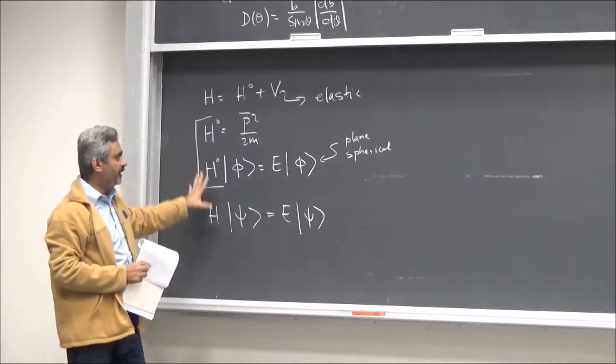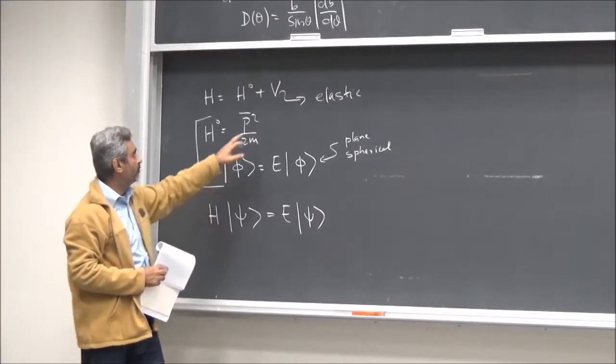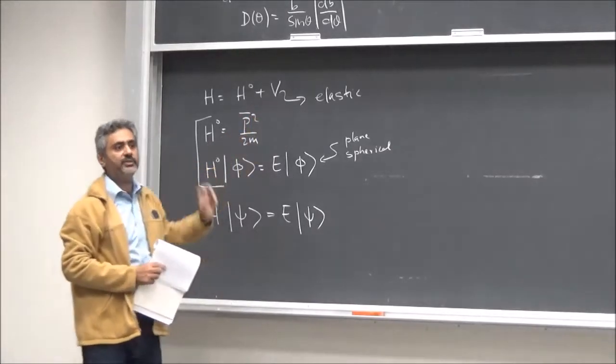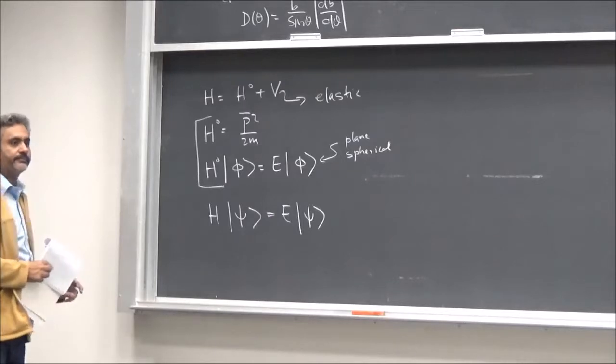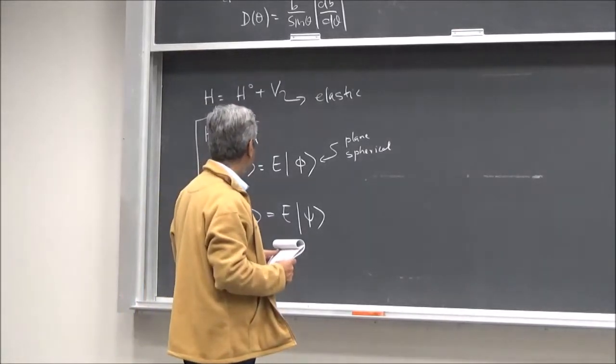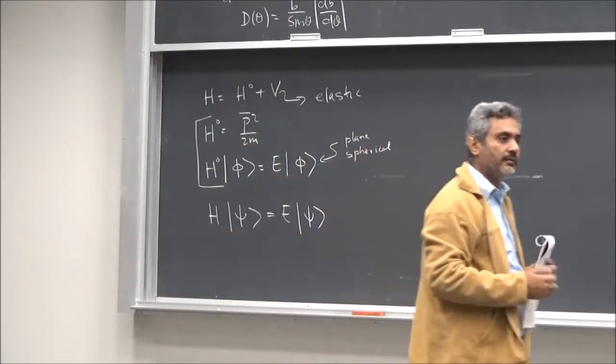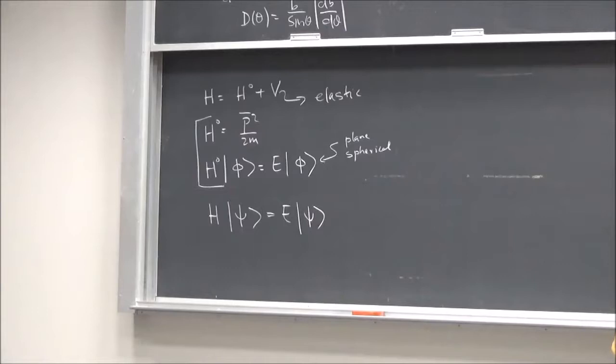I'm going to do this in general for the time being, but later on we're going to do a perturbation case. Sir, the second psi, the psi prime, how much should it be? What do you mean how much? The scattered and incident waves have the same energy. So we are saying that the energy of the particle will not change due to scattering.